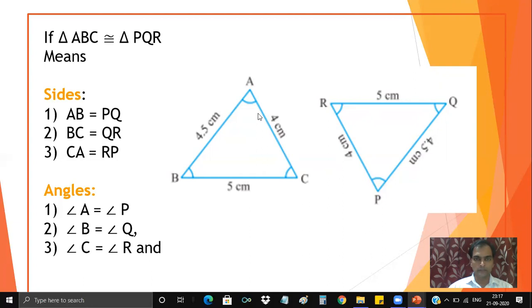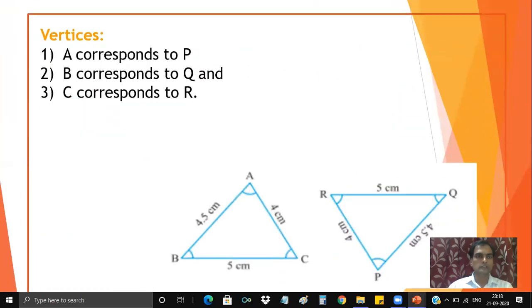For example, if angle A is 30 degrees, angle P will also be 30 degrees. Similarly, angle B equals angle Q and angle C equals angle R. So, in summary of this slide, whenever two triangles are congruent, all the corresponding sides are equal and all the corresponding angles are equal. Let's move ahead.